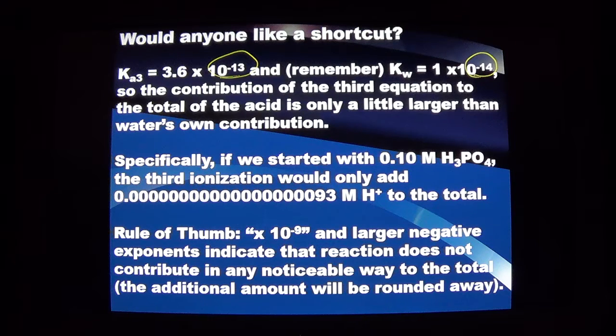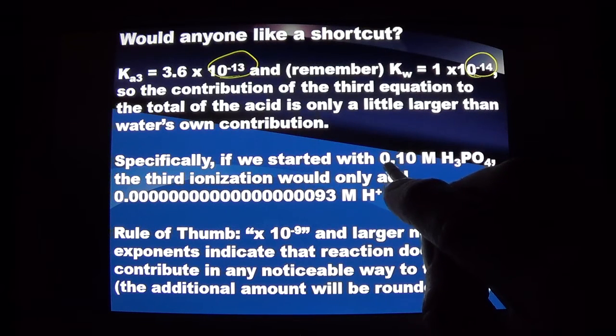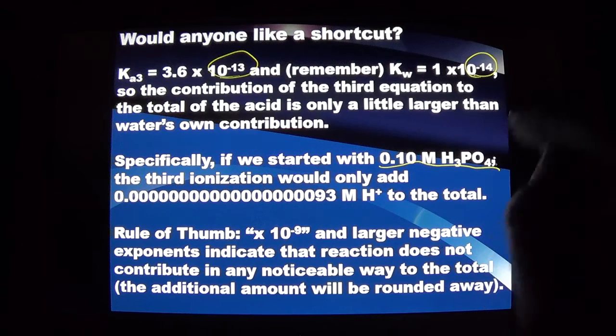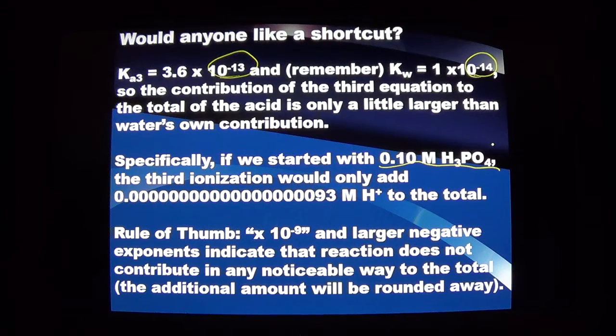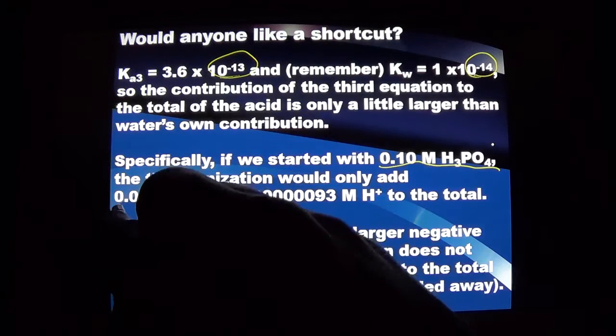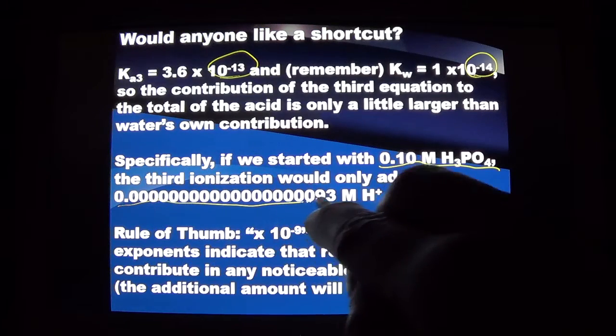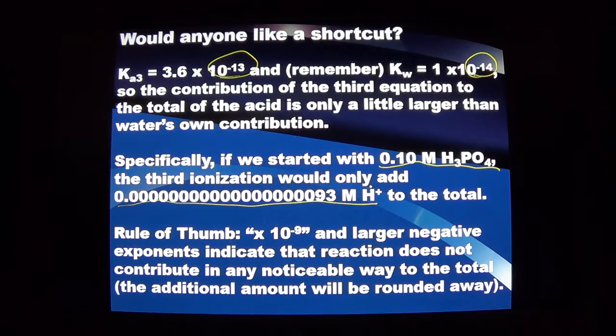So does that mean we might be able to ignore that final Ka? Well, yeah, actually, because if we started with a reasonable amount of phosphoric acid, 0.10 molarity phosphoric acid, which is rather typical and reasonable for an acid, that last Ka only gives us that much hydrogen.